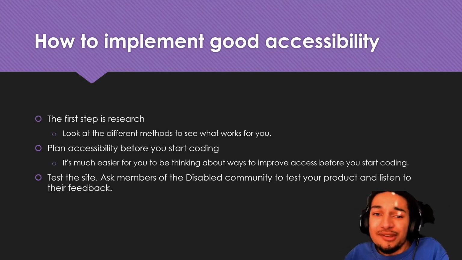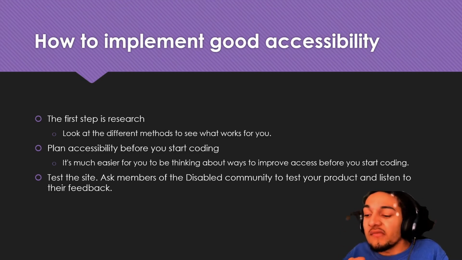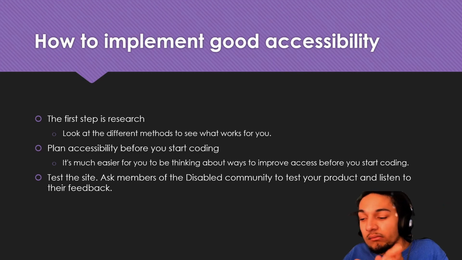You could get able-bodied people to test accessibility, but the chances are they won't know what they're looking for. So ask members of a disabled community to test your product, to see if it works with their adaptations, their aids, and we'll get into some of the aids in a second.